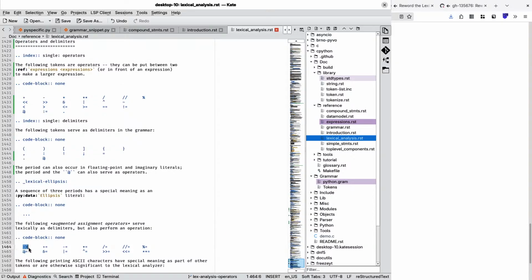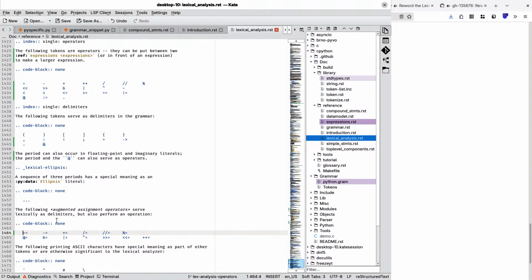Of course, this is a delimiter. And it should probably be in the same order as above, right?